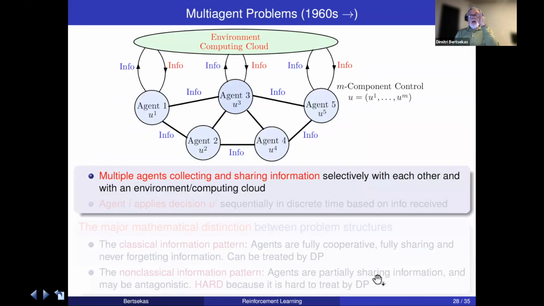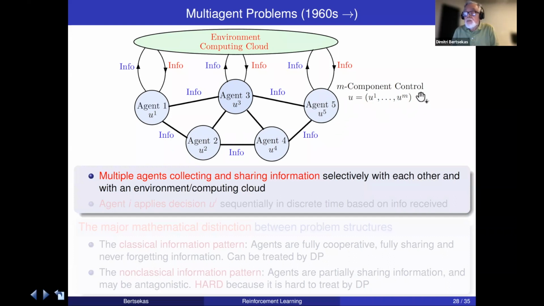So what do we mean by a multi-agent problem? It is a situation where we have multiple decision-making entities, which we call agents. In this case, there are 5 agents, and each agent has a control vector of his own.